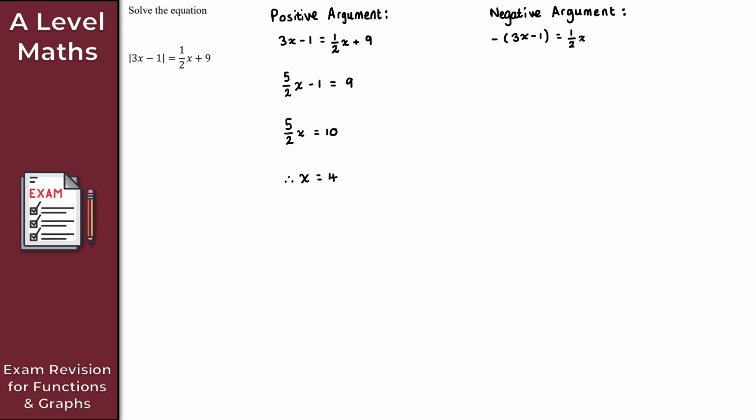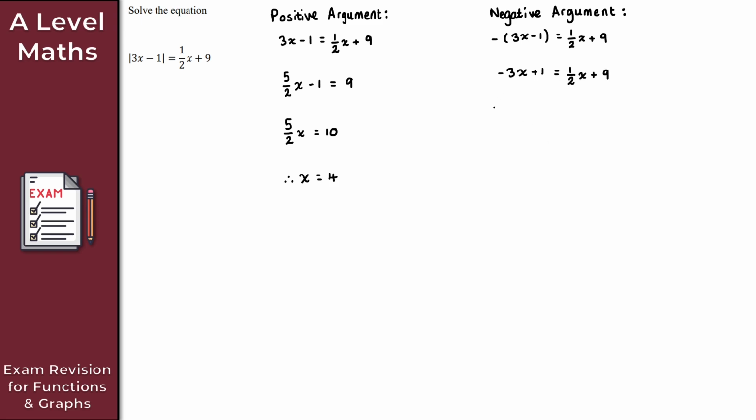Let's expand the left-hand side. In that case, we get minus 3x plus 1. Obviously, just be careful with the signs here. So minus 3x plus 1 is equal to a half x plus 9.